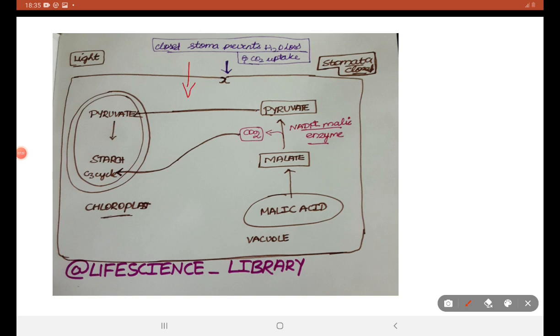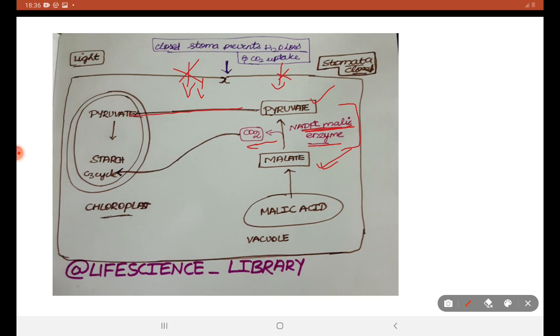Carbon dioxide is not present, so it will not enter into mesophyll cells. During light time, malate is transported from vacuole to the cytosol of mesophyll cells. Here decarboxylation takes place by the enzyme NADP plus malic enzyme. Malate is converted to pyruvate.